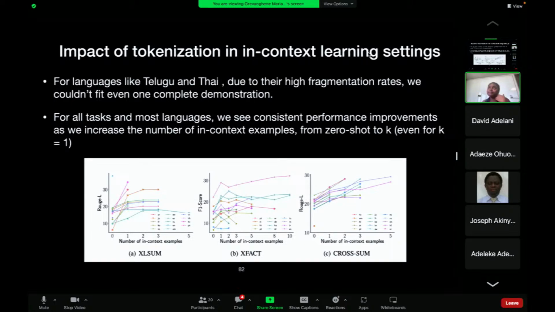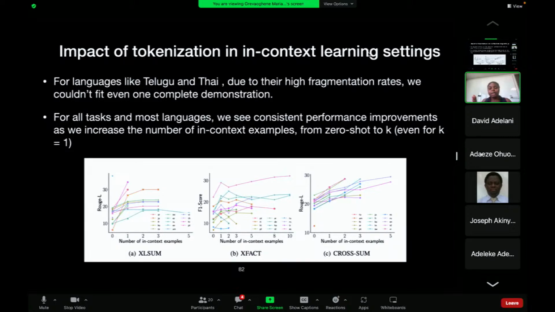And then XFACT is fact verification, also monolingual within each language. With fact verification, you have a fact and an evidence, and you're asking if the fact is true or not based on the evidence provided. And then with CrossSum, it's cross-lingual summarization, so you have the article in one language and the summary in another language.